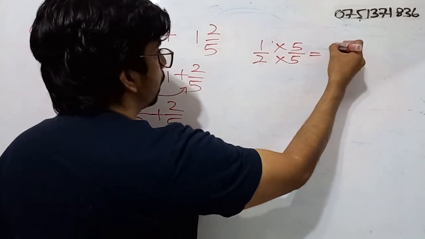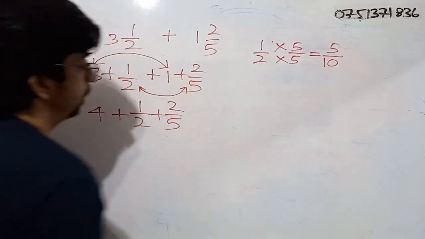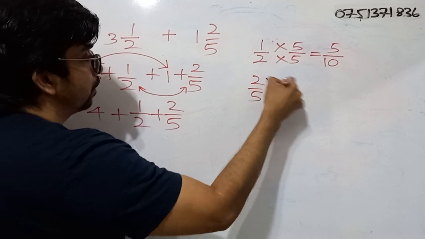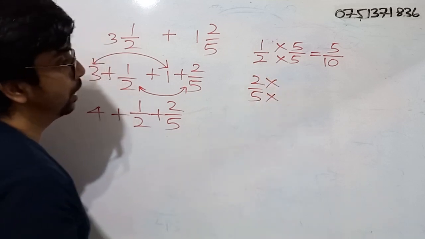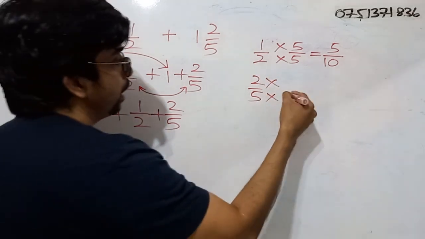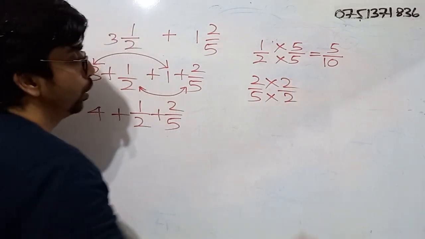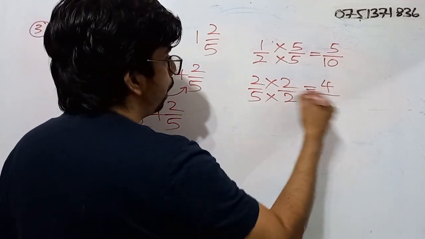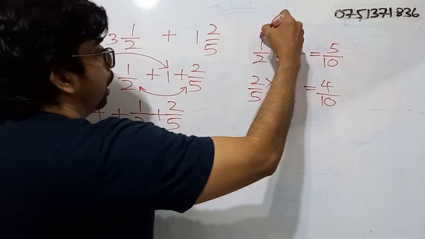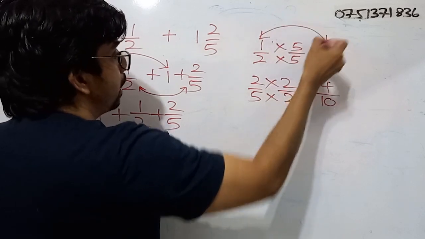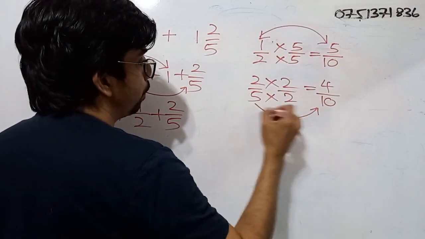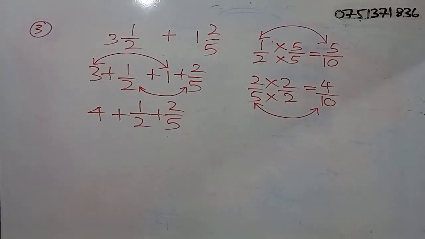So 1/2, we have to multiply both numerator and the denominator by 5. So this becomes what? 5 by 10. So 2 by 5, I have to multiply both denominator and numerator by what? 2. 2 into 2, that is 4. 5 into 2, that is 10. Now these two fractions are equivalent fractions, and also these two fractions are equivalent fractions.